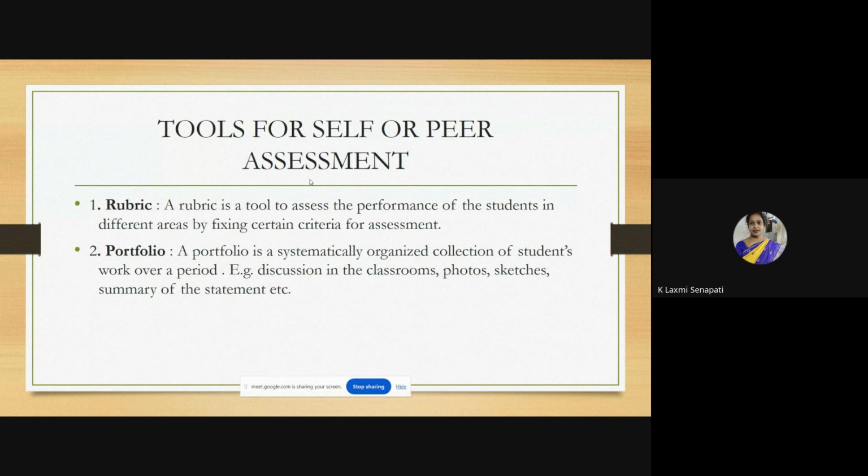Suppose you are participating in a debate and a theme is already given to you. Suppose the topic is about the freedom of India. When we give them the chance to speak in a debate competition, at that time we have to divide. Suppose total full mark is 10, or accordingly I have to divide.